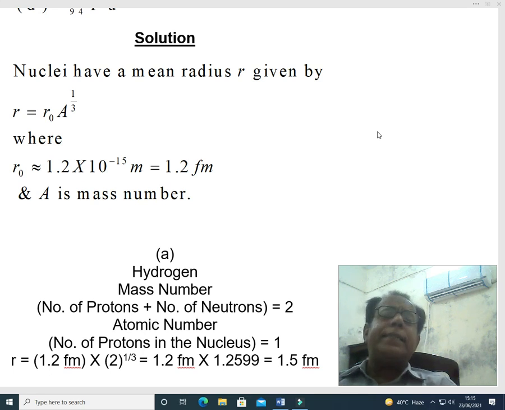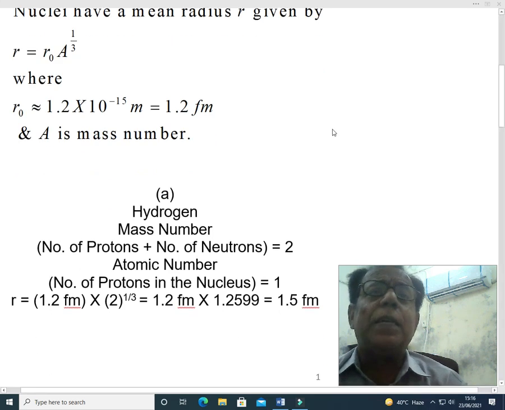After 2 or 3 steps we reach this prefix femto, which is 10 to power minus 15. So r naught is approximately equal to 1.2 into 10 to power minus 15 meter, which is 1.2 femtometer, and A is the mass number.